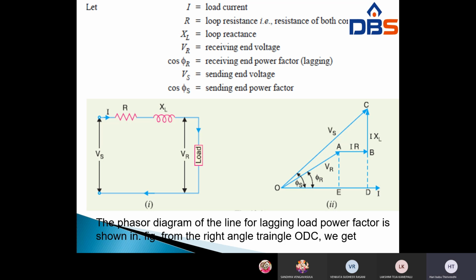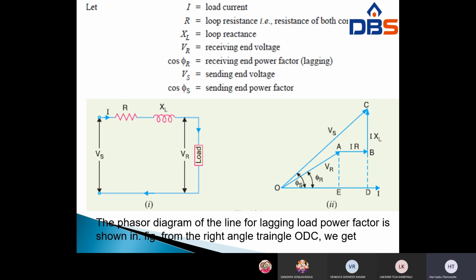From the right angle triangle ODC, look at the figure, OC square is equal to OD square plus DC square, right? From the triangle OCD, hypotenuse square is equal to opposite square plus adjacent square.